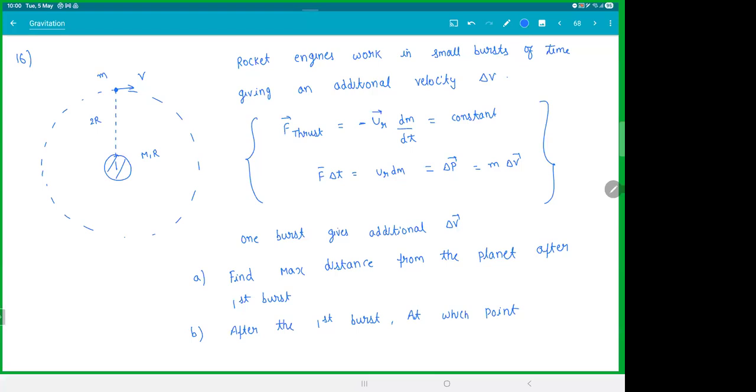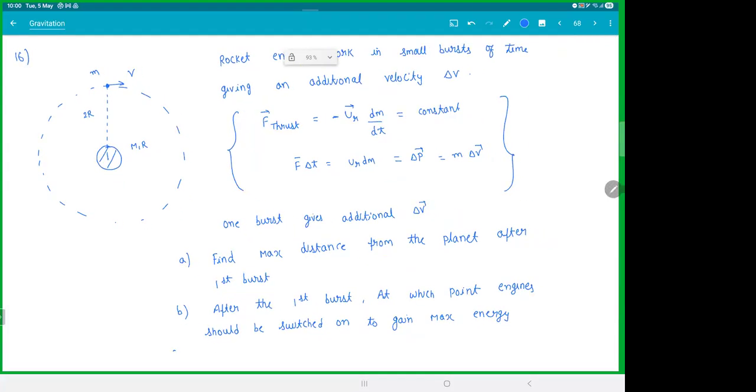Remember, the engines are giving you speed, not energy, technically. At which point should the engine be switched on to gain max energy?